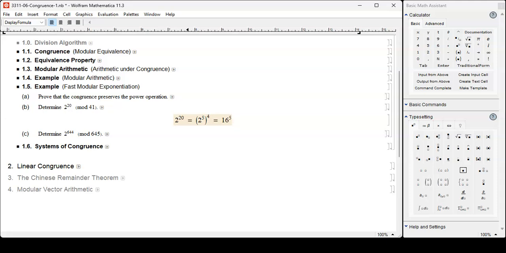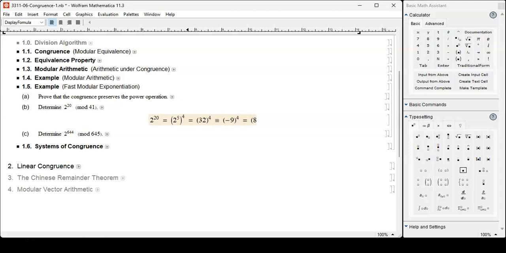So let's do it this way: 5th power to the 4th power. So we have 32 to the 4th power. Now, does it make sense? This time it does, because 32 is reasonably close to 41. That's what you're going to get: negative 9 to the 4th power. Negative 9 squared is positive 81, right?